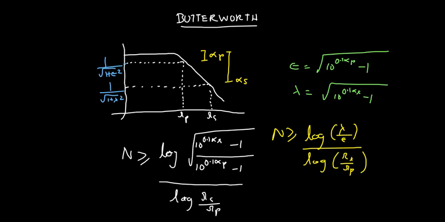We'll see one small example to find the order of the filter. Say alpha p is 1 decibel and alpha s is 30 decibels.